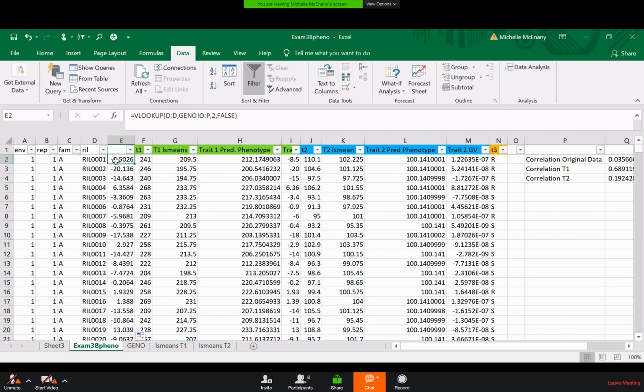My predicted GV doesn't have the RILs next to it that it was predicted for. What do you mean? Like the file you exported out? Yes. I just had a line, V1, and then a whole bunch of values. Oh, like 1 through whatever?